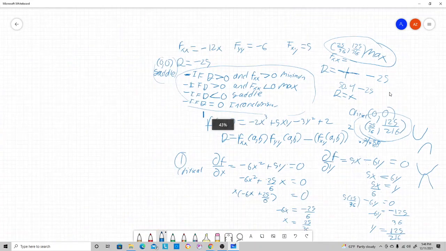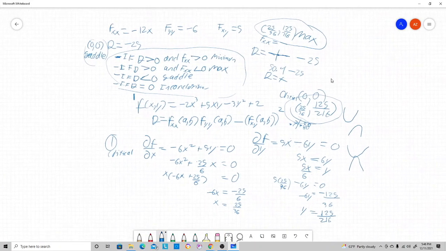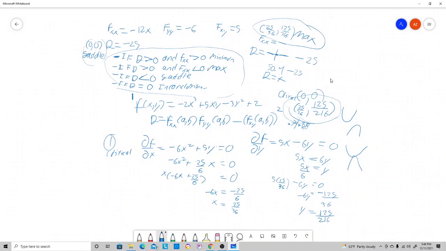Overall, this just follows that determinant formula. In the next video we'll be talking about absolute maximums using the Lagrangian, and then we're finally going to move into multiple integrals. Okay, thank you.